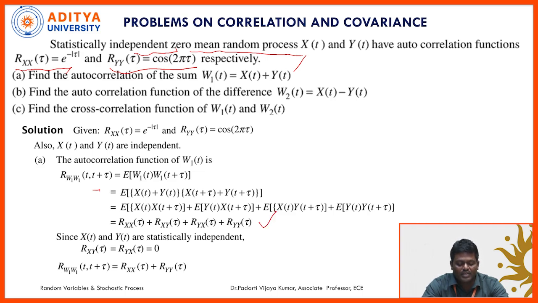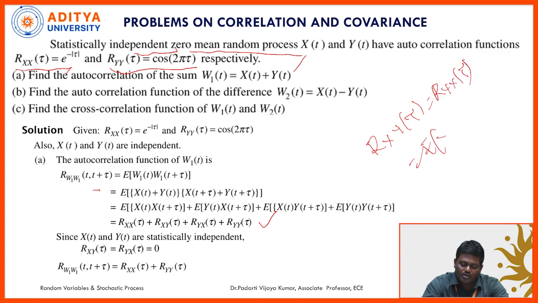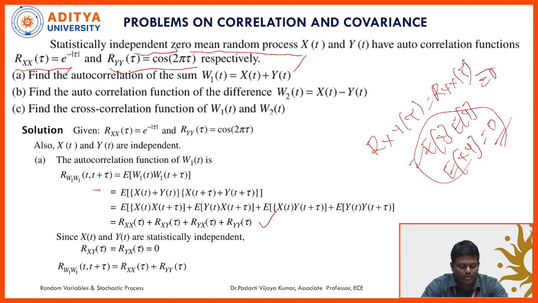Since they are statistically independent, Rxy of tau is equal to Ryx of tau is equal to expectation of X into expectation of Y, which is equal to 0. So they are 0. So Rw1w1 of tau is Rxx of tau plus Ryy of tau, where Rxx of tau is e power absolute value of tau, and Ryy of tau is cos of 2 pi tau.